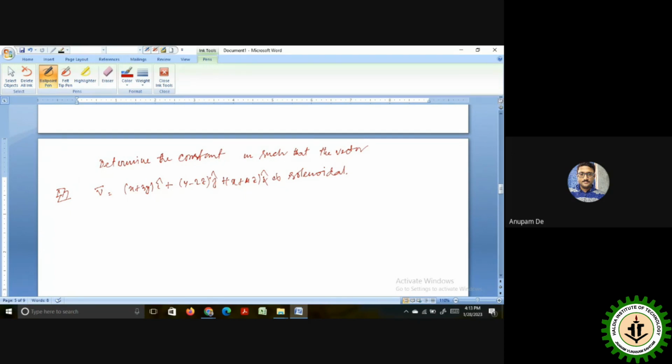If this type of problem is there, first of all you find the divergence of V, that is nabla dot V. It will be del x of x plus thrice y, plus del y of y minus twice z, plus del z of x plus m into z. By the condition it is solenoidal, so this will be equal to 0.